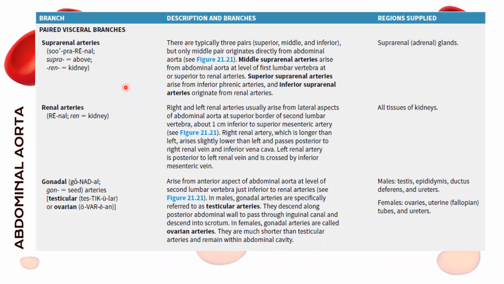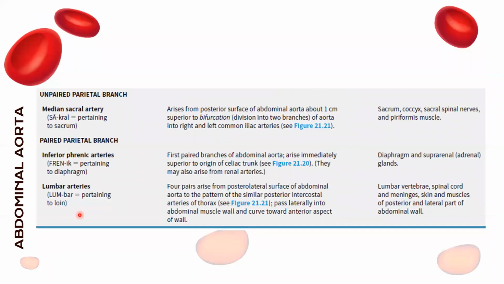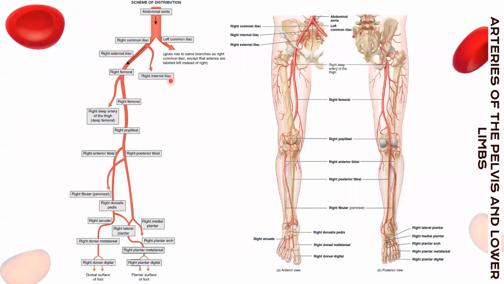Your abdominal aorta also has arteries that will supply your adrenal glands, your kidneys, and your gonadal artery. For males, you have the testicular. For females, you have the ovarian arteries. Okay. And then you have the arteries that supply the pelvis, the pelvic area, and the lower extremities.